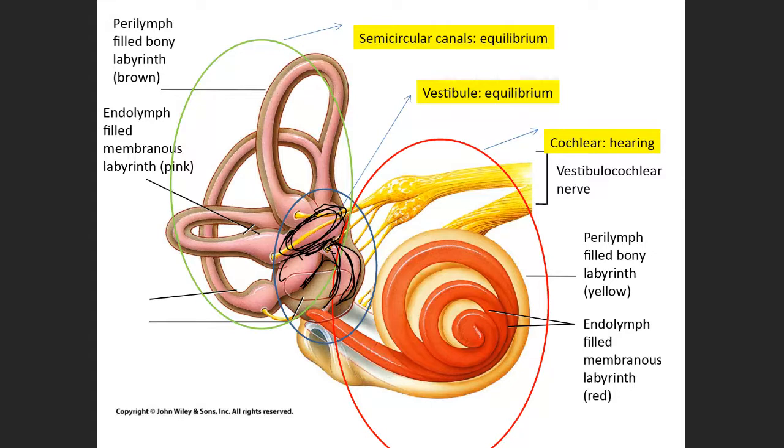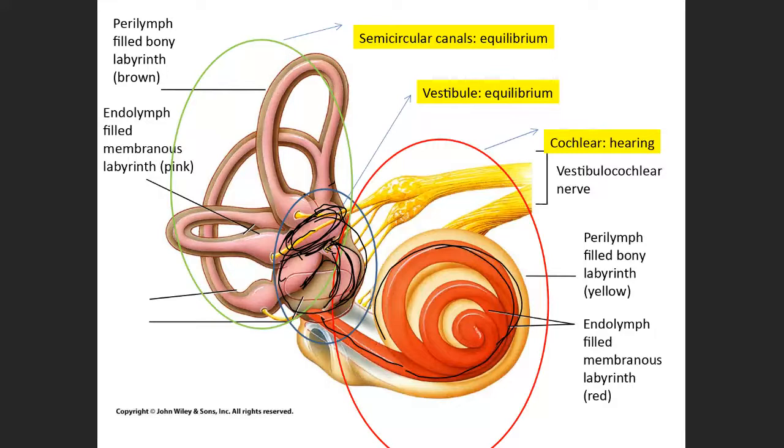The static equilibrium receptors are the ones that detect that movement of the head going back, versus twirling, for example, which would be the semicircular canals. And then to one side, we have this snail-looking structure, which is the cochlea, that is going to house hearing receptors.